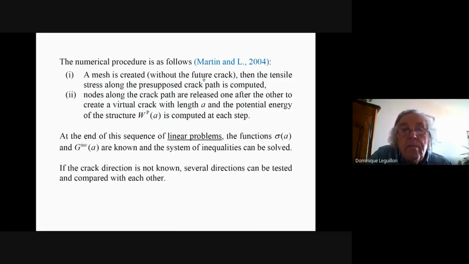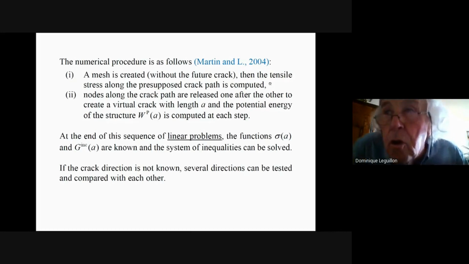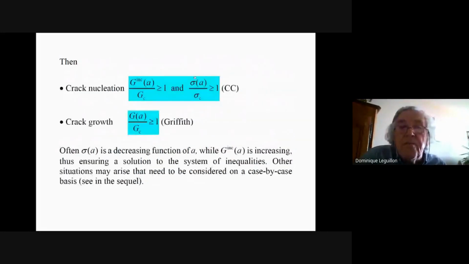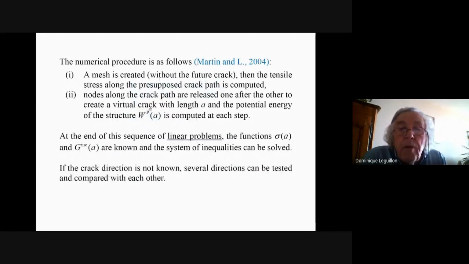So initially a mesh without crack, and you calculate the tensile stress along the presupposed crack path. It means that after this first step, you know the function sigma of A. Next, along the crack path, you release the nodes. I mean, you unbutton the nodes. You unbutton one node, then this gives you a crack with a small length A1, and you calculate the potential energy for this small length A1.